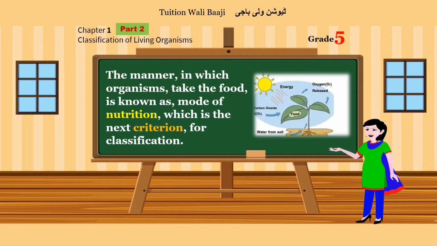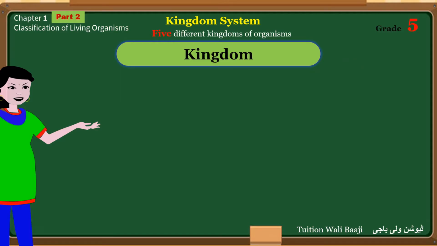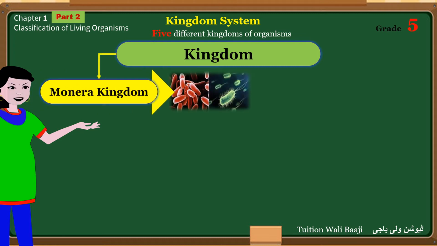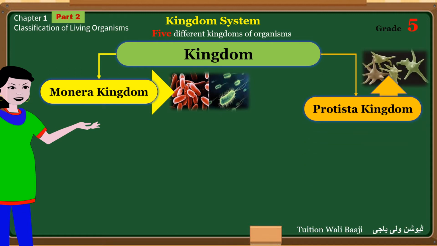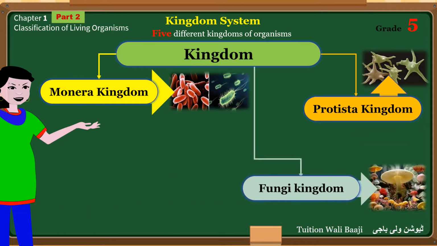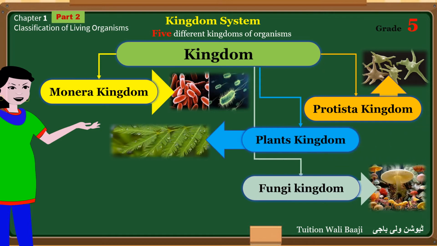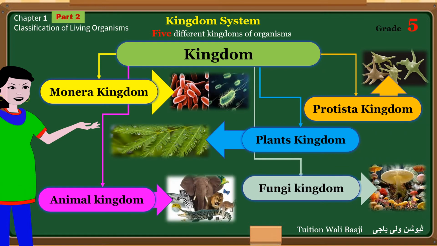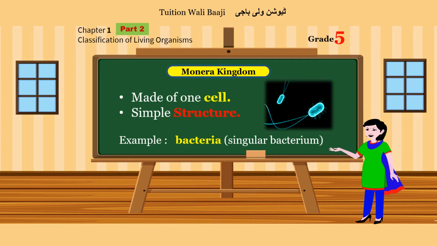The manner in which organisms take the food is known as mode of nutrition, which is the next criterion for classification. The five different kingdoms of organisms are Monera Kingdom, Protista Kingdom, Fungi Kingdom, Plants Kingdom, and Animal Kingdom.